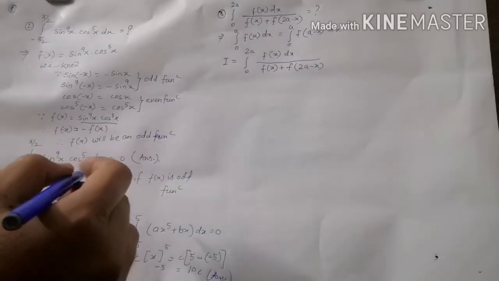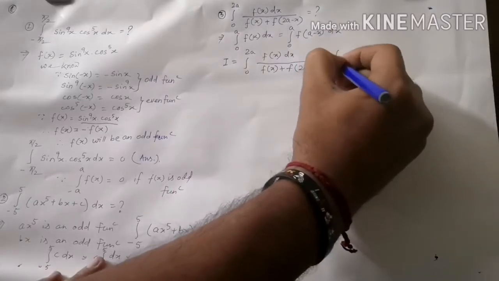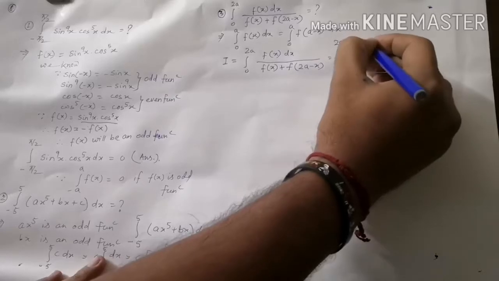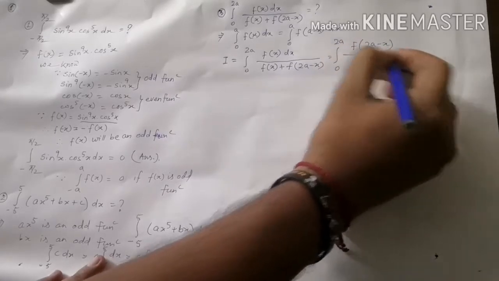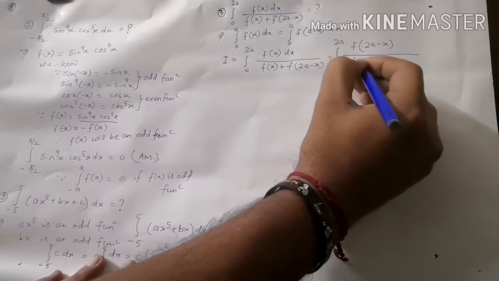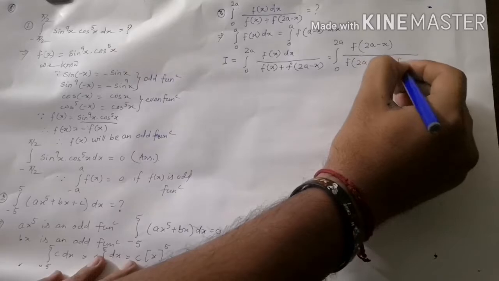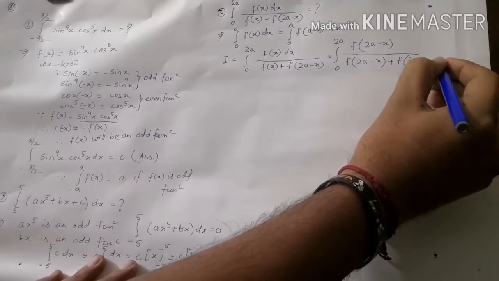Now let's put the formula, then we get integration 0 to 2a f(2a minus x) by f(2a minus x) plus f(2a minus 2a plus x).